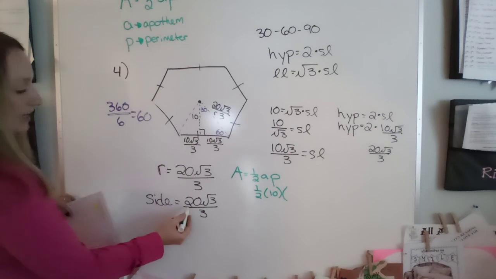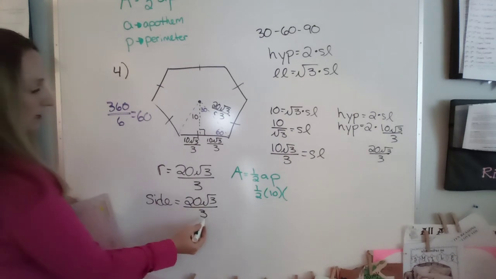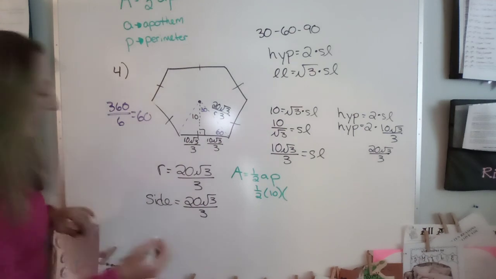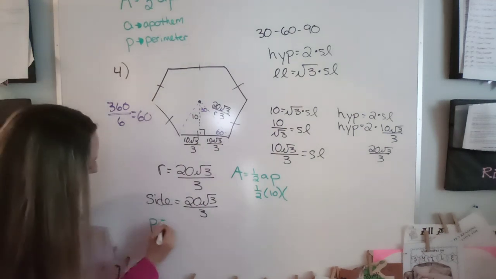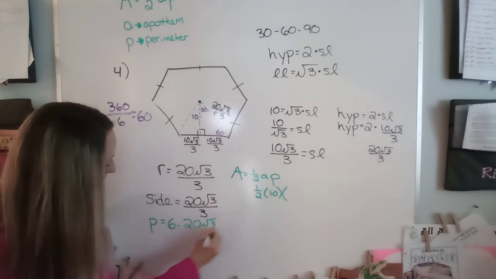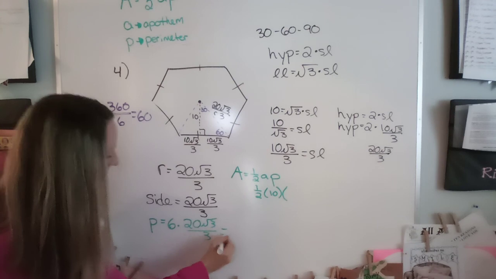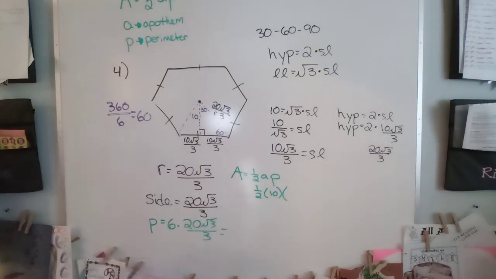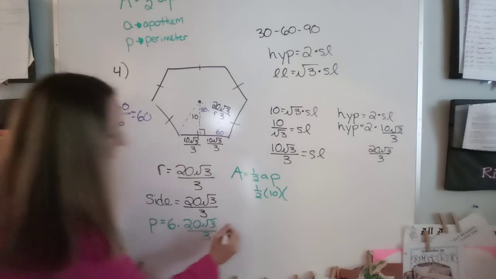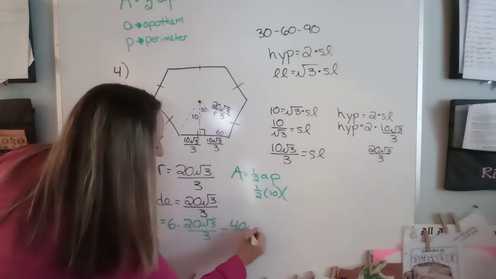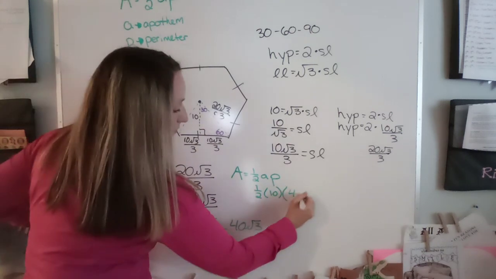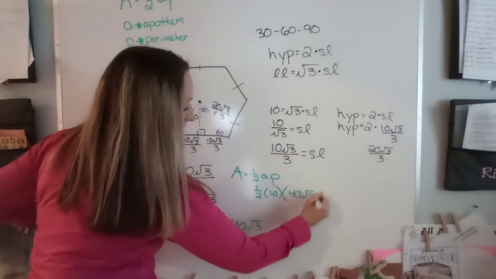If each side is 20√3 over 3, then the perimeter is going to be 6 times that, because there are 6 sides. So the perimeter is equal to 6 times 20√3 over 3. You can cross simplify if you want. 3 goes into 3 once, 3 goes into 6 2 times. So that's going to give you 40√3. So that's what I plug in for perimeter, 40√3.